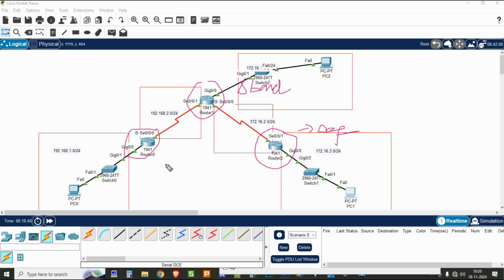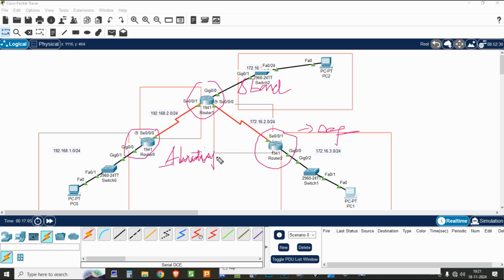Here I configure the floating summary route. So the last one is the floating summary route.